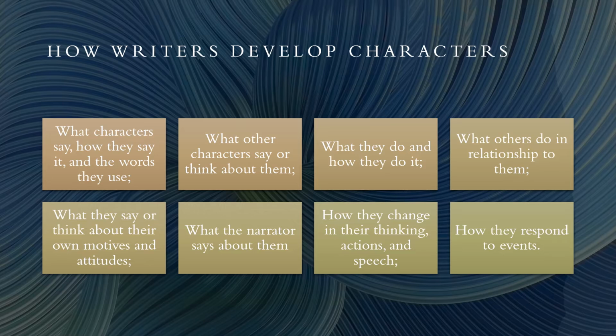What do other characters say or think about them? Reputation was very important, and so one part of Gawain's test is to uphold the reputation of Arthur's court. But we also learn things about him by the way people treat him and talk with him. What they do and how they do it.